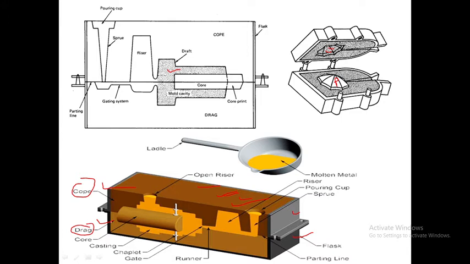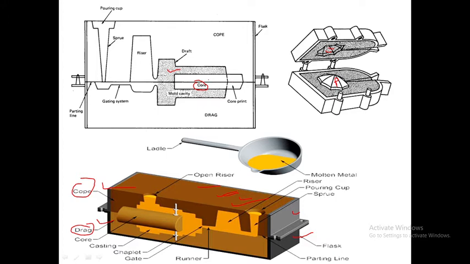These are some terminologies of the casting process which are normally used. Now further we will see the terminology core. Core is an insert in the mold that produces internal features in the casting, like holes.